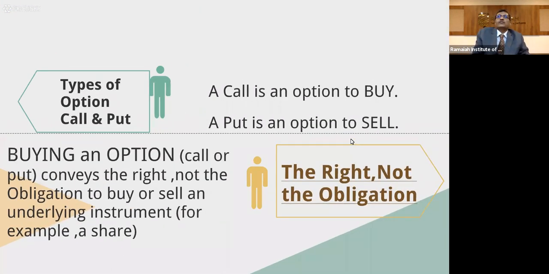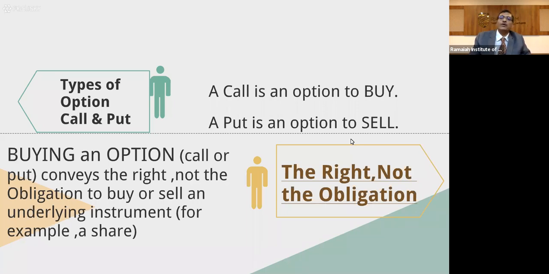So coming back to the review of options terminology, an option, as you know, is a derivative. A derivative by definition is something which is derived from the basic underlying. There are types of options, call and put, and this is just a revision, as I said, so people who know this, please bear with me.